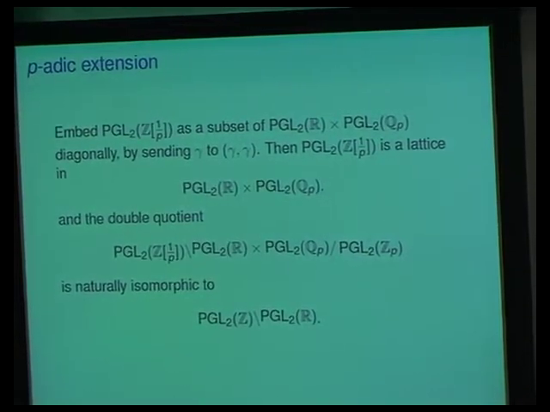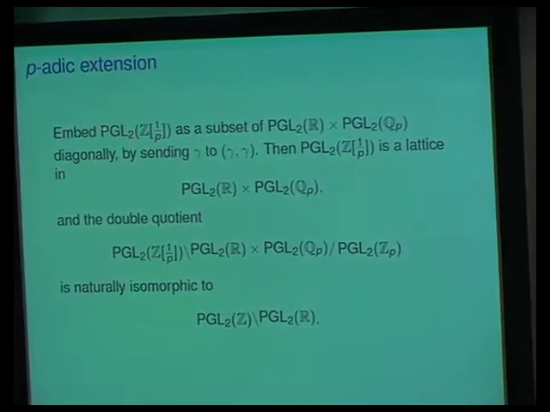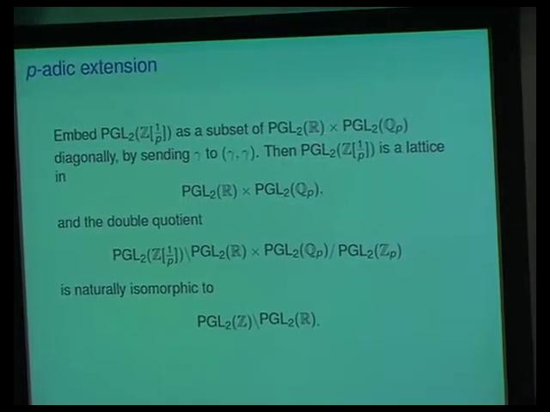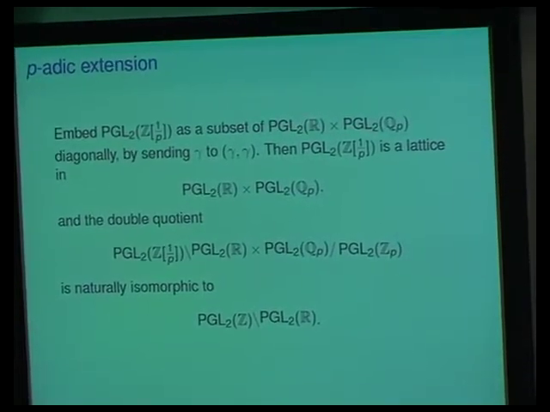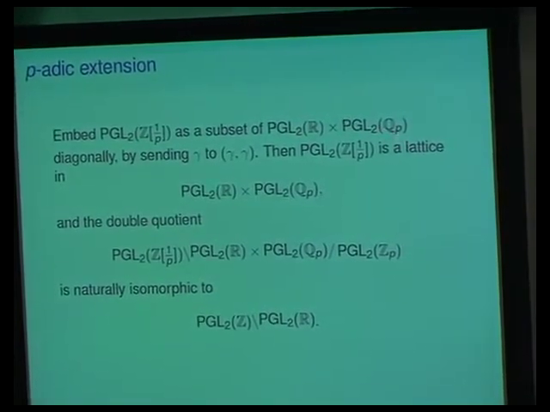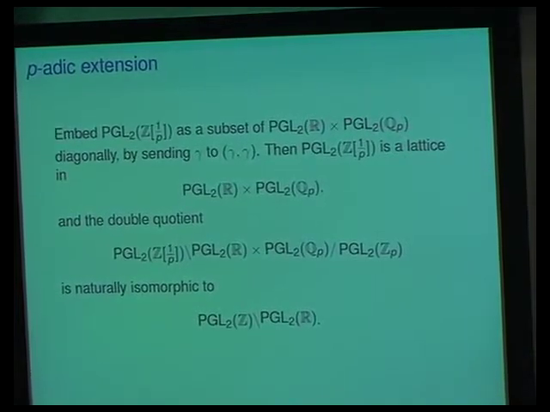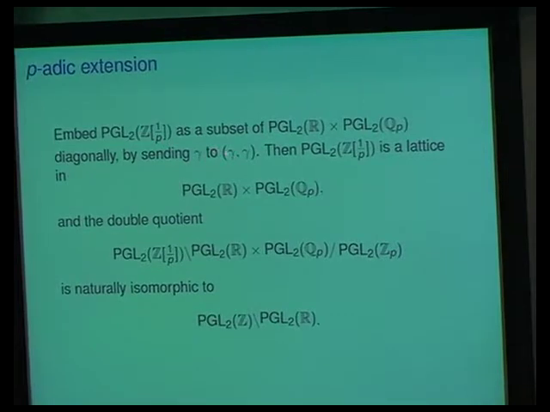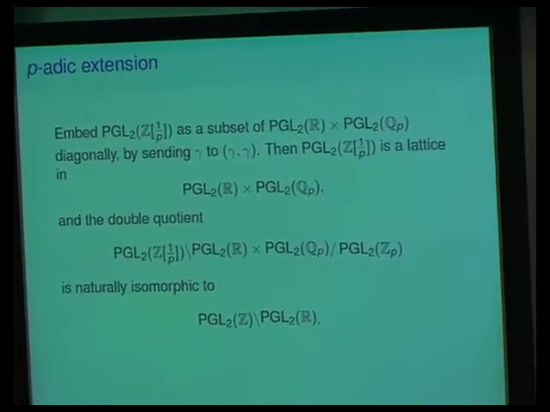We embed this into the direct product of PGL2(R) and PGL2(Q_p) by sending an element diagonally to the element (gamma, gamma). And then you get the lattice in the product.